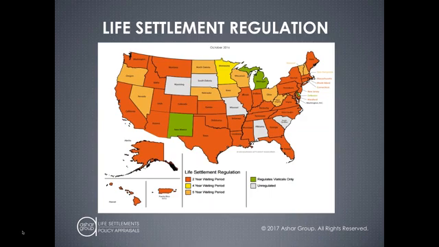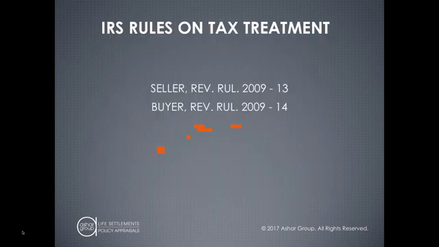So we're talking about a highly regulated market. Even in the states that don't have current regulation on the books, every legitimate buyer still gives full transparency. You should still, from any entity you work with, receive the same disclosure. There are even some tax treatment revenue rulings that came out, Revenue Rulings 2009-13 and 2009-14.